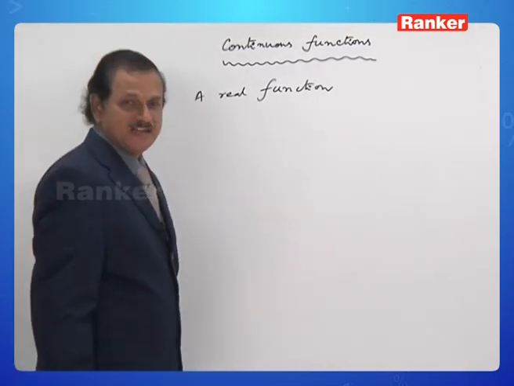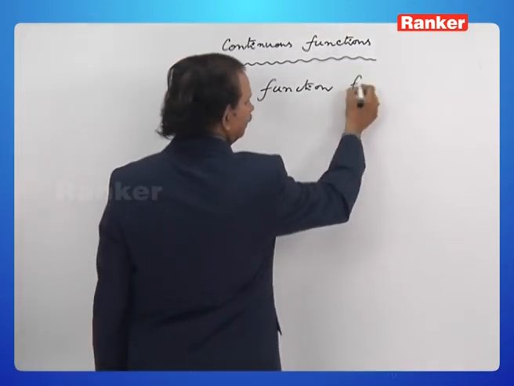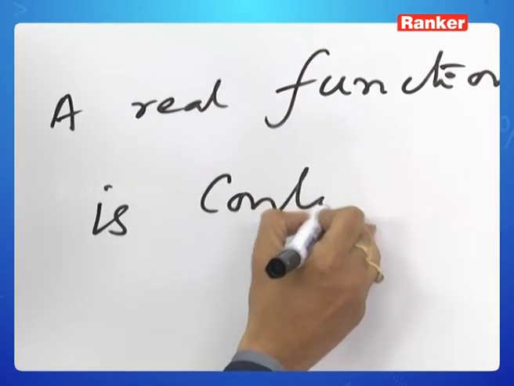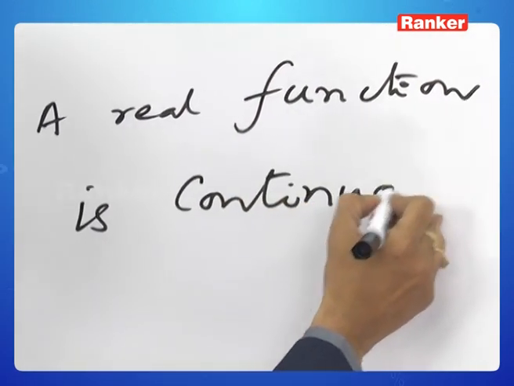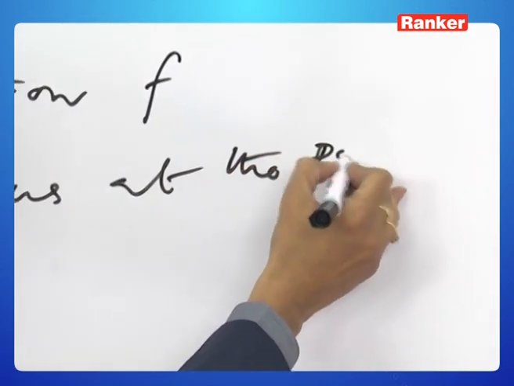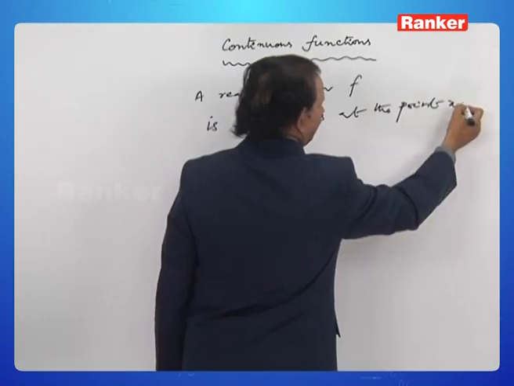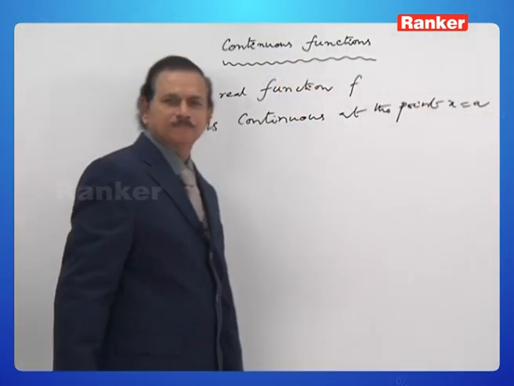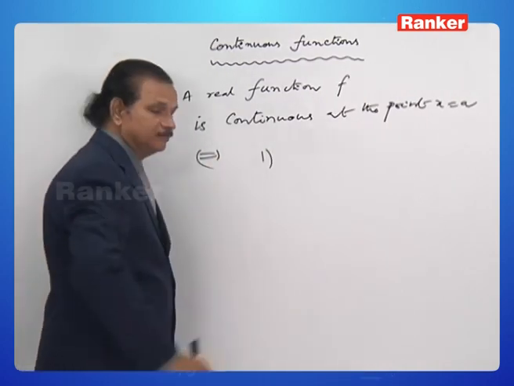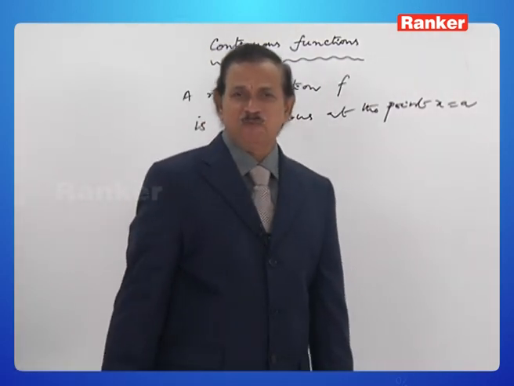A real function f is continuous at the point x equal to a if and only if, number one, what could we have planned?